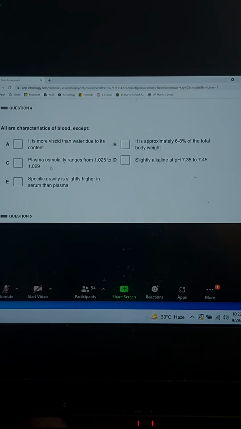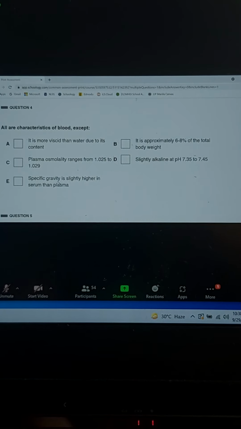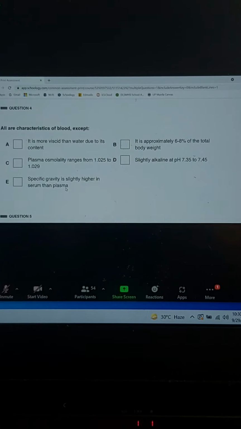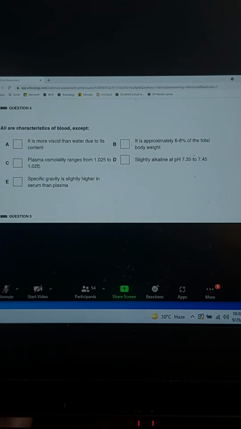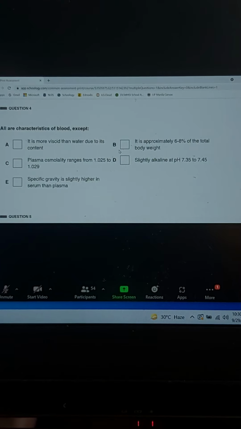Letter E. Specific level. Okay, so the correct answer, class, is letter E. Okay? Kasi specific gravity should be higher in plasma than in serum because of your fibrinogen. For A, B, C, and D, these are all characteristics of your blood.